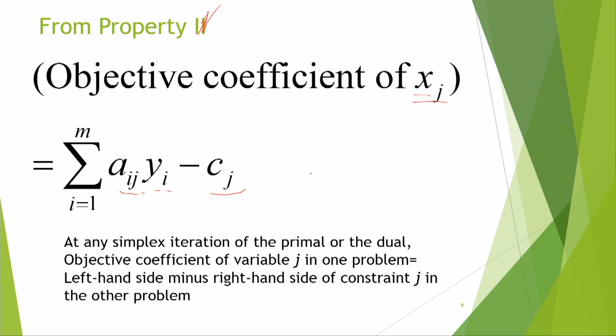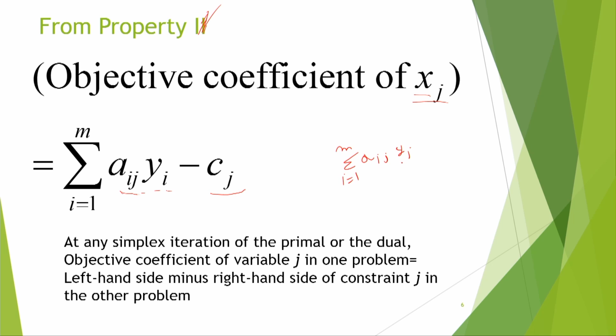Okay, so here it is xj, but in the dual problem how will we make the constraint? We have already seen that we are making sigma aij yi, with i = 1 to m. We are paying attention to the jth variable, so we are putting each constraint aij into yi.